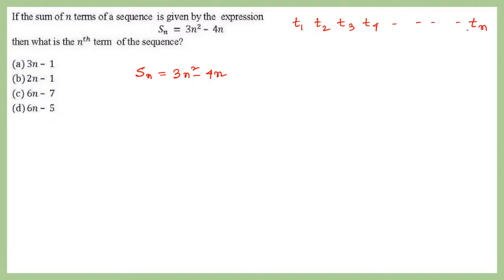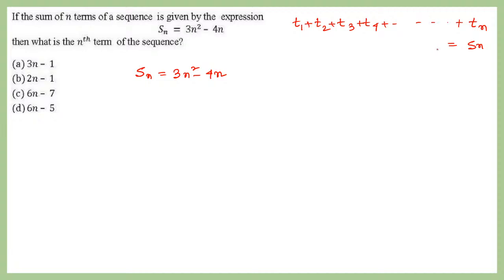Okay, so we have assumed that T1 plus T2 plus T3 plus T4 plus T5 plus ... plus Tn is equal to Sn, right?